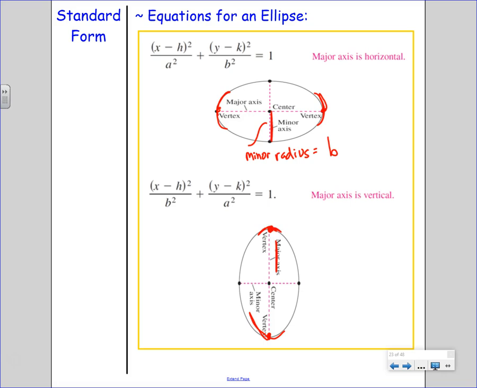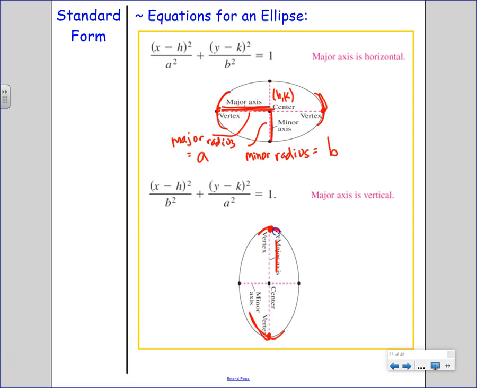In this example, what do you think the major radius is going to be? Yep. And guess what the center is going to be? HK. The center is going to be HK. So far I've talked about, well, let me move my HK closer to the center. There we go. So the center is HK, the minor radius is B, the major radius is A.